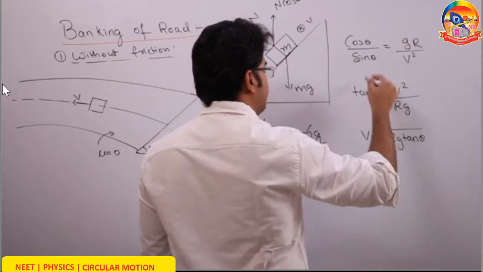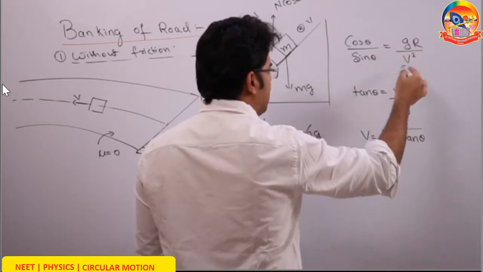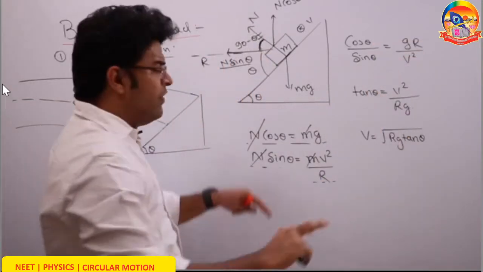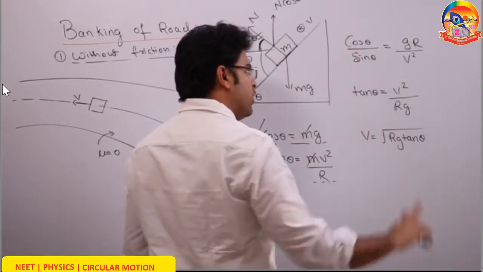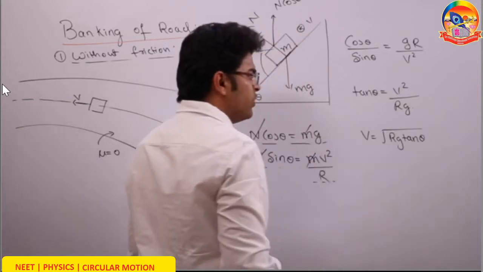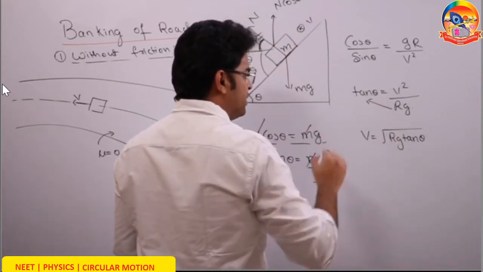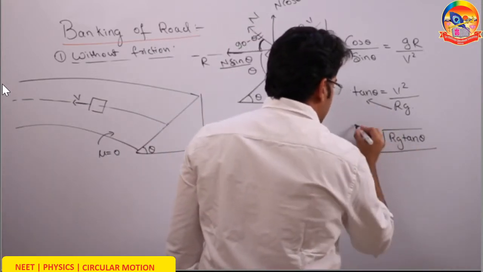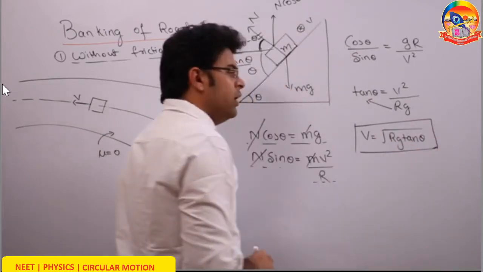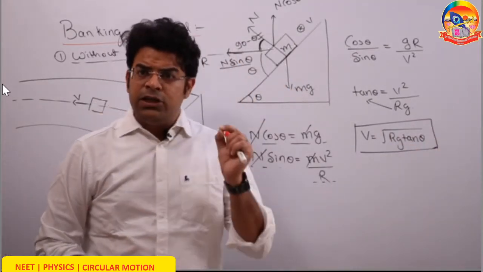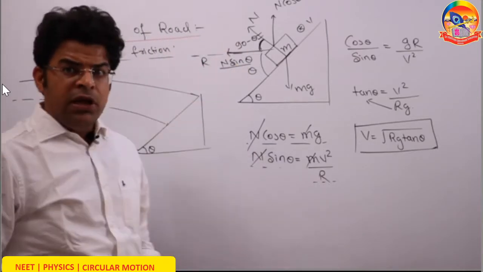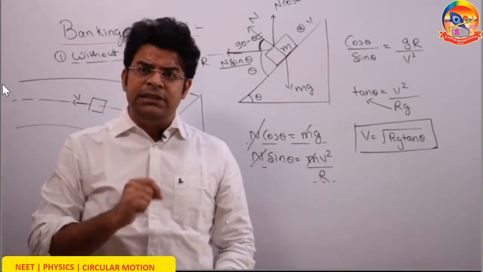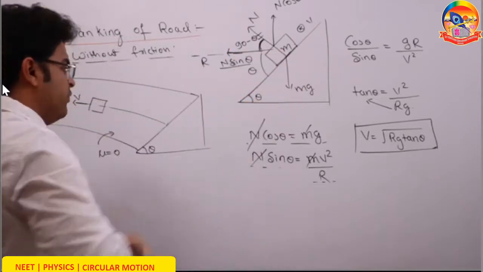The r goes up, so you get cos theta by sin theta equals gr by v square. Flip the terms on both sides. So sin theta by cos theta becomes tan theta, and on the right hand side you get v square by rg. Multiply this rg to the left hand side, so the speed comes out to be under root of rg tan theta. If the speed is more than under root of rg tan theta, the vehicle tends to move outwards. If the speed is less than under root of rg tan theta, the vehicle tends to move inward.